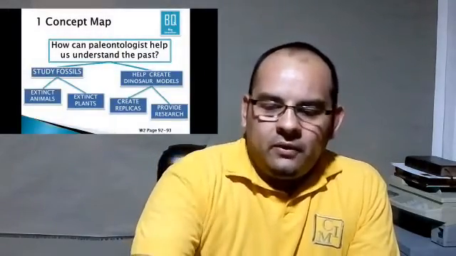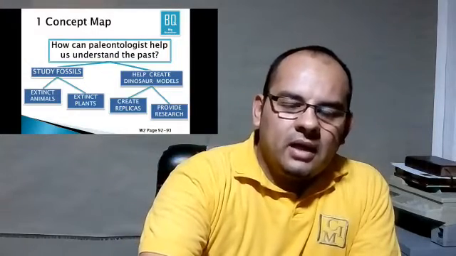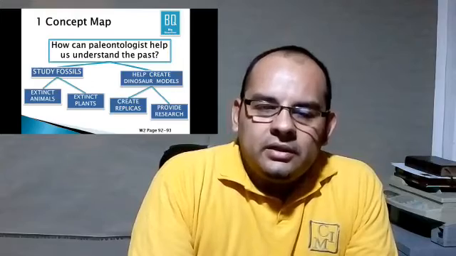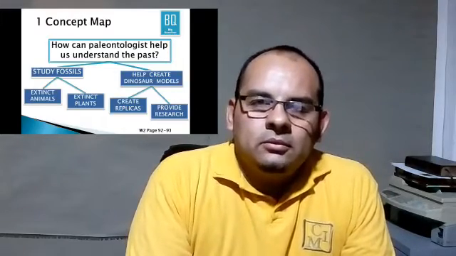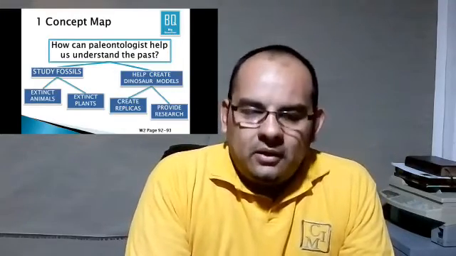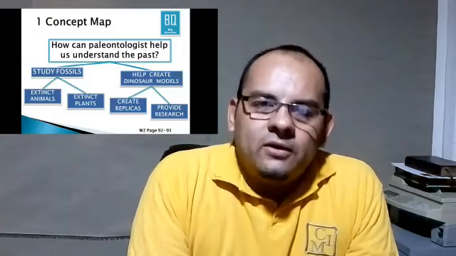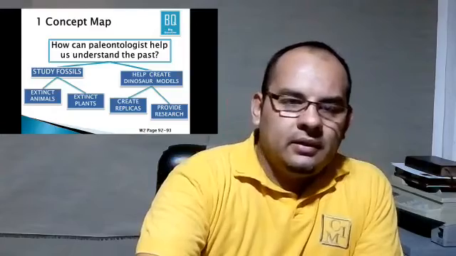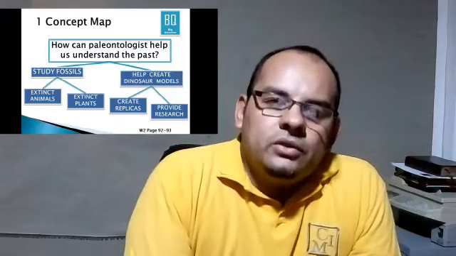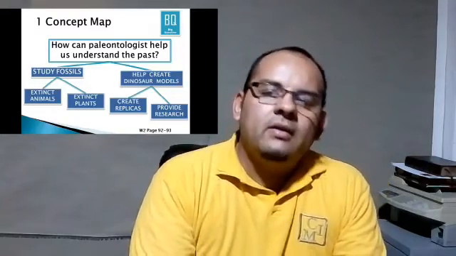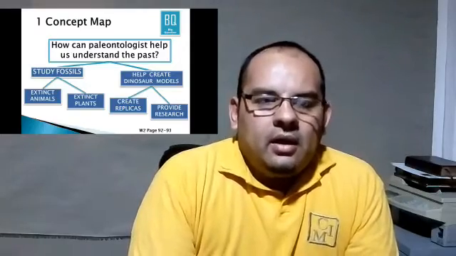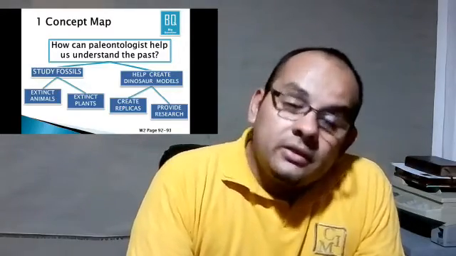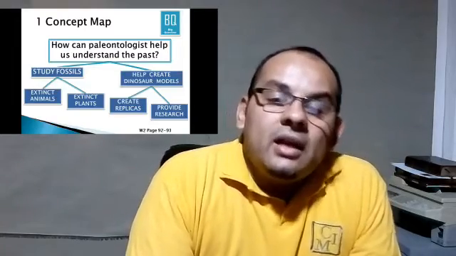Okay, for the first box, I'm going to read it. What does a paleontologist do? What is their work? Okay, for the first box, you have: they study fossils. To this, I'm going to tell you something about the work of a paleontologist. A paleontologist is someone who studies the history of ancient life.